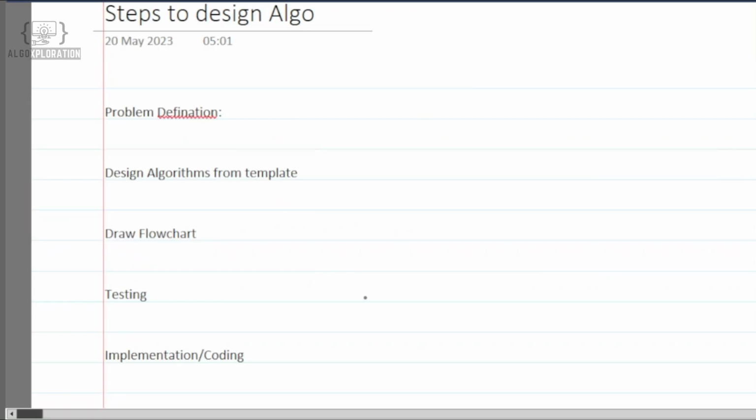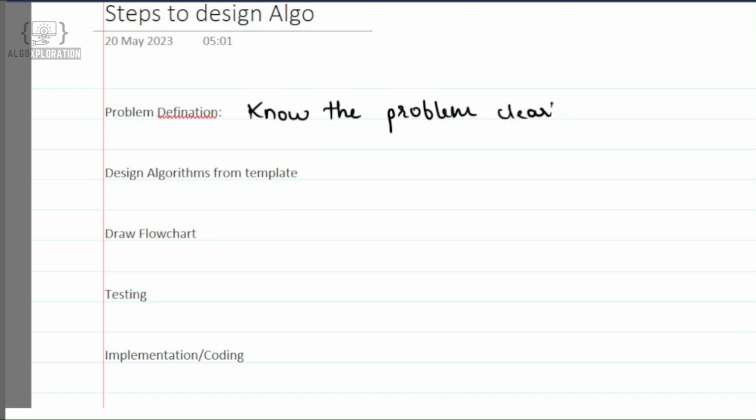There are many steps, but we will mainly cover 6 steps. First, problem definition: we have to know the problem clearly. The second point is to design the algorithm from a template, not from scratch. While dealing with some problem, let's say we have to come up with a binary search approach, then we will not implement binary search on our own.